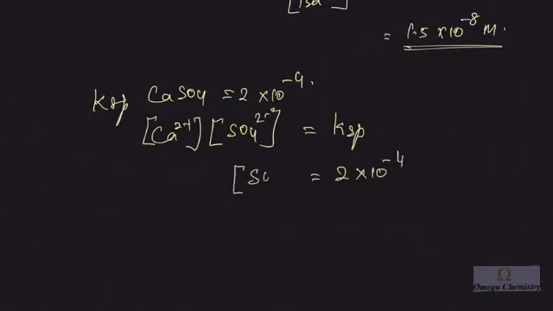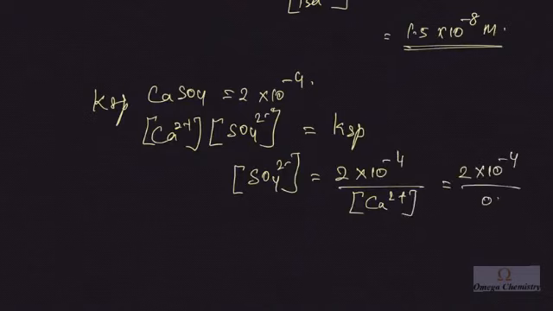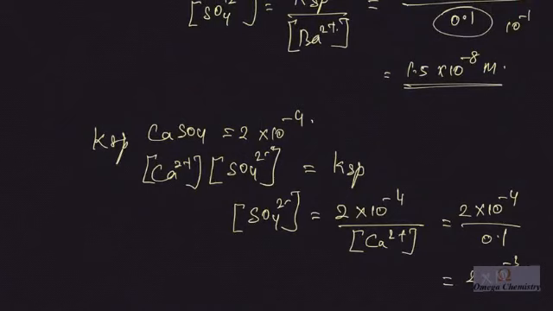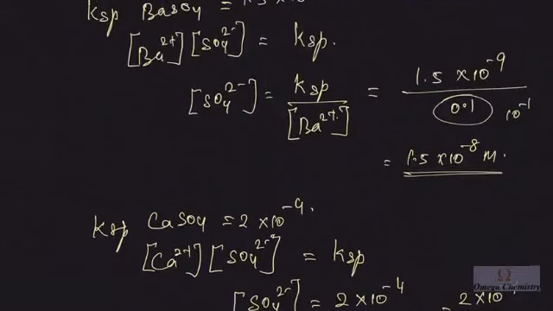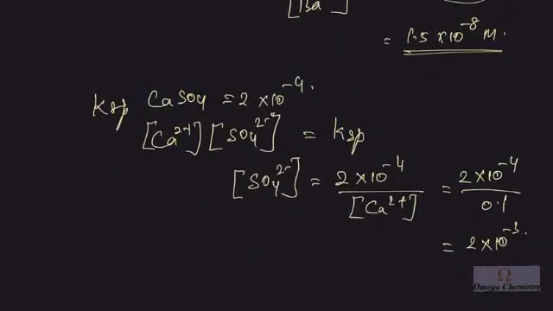Now to get the sulfate ion concentration for this, what I need to do? I need to divide this by calcium ion concentration, which is 2 × 10^-4 by 0.1, which means 2 × 10^-3. So I have 1.5 × 10^-8 for barium sulfate, okay, and 2 × 10^-3 for calcium sulfate.